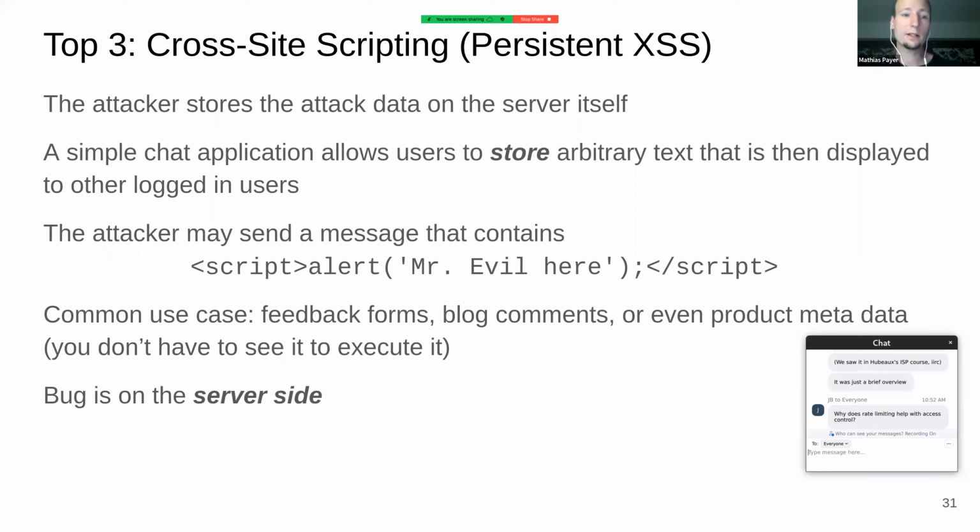So the attacker sends a chat message, script alert, Mr. Evil is here. It is being stored on the server side, and then all the other users that access this page download this script and will execute it on their end.